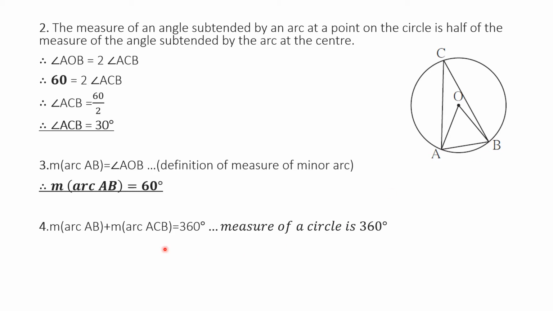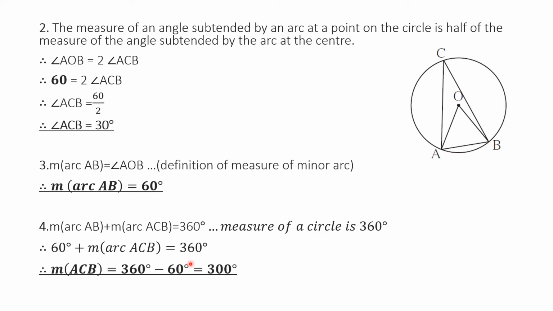And therefore, we can write measure of arc AB plus measure of arc ACB is equal to 360 degrees. Reason, measure of a circle is 360 degrees. Therefore, 60 degrees plus measure of arc ACB is equal to 360. Therefore, measure of arc ACB is equal to 360 minus 60 becomes 300 degrees.